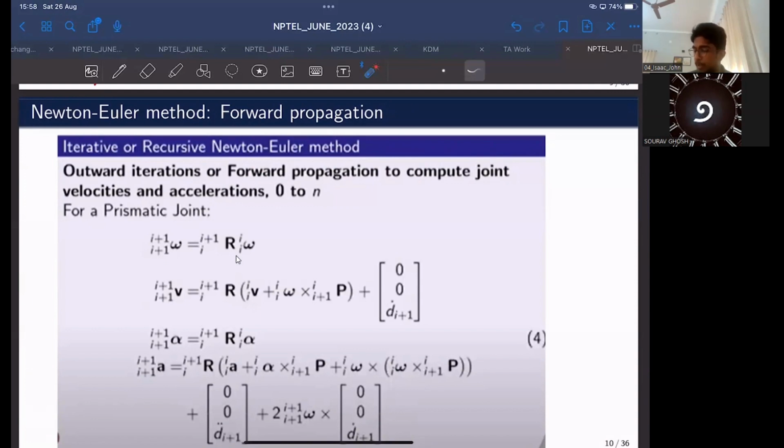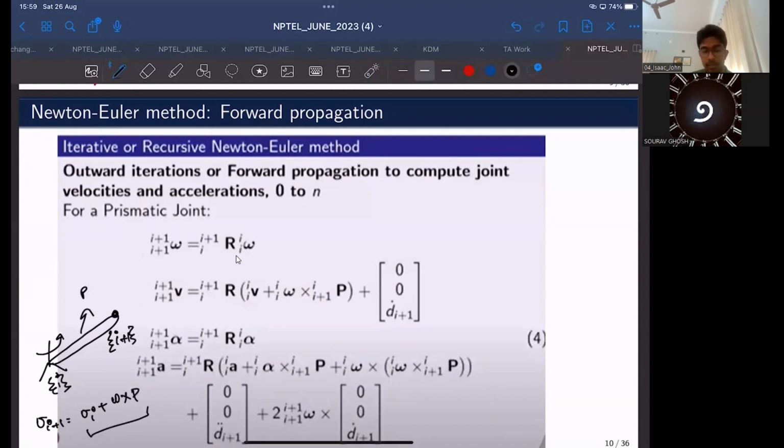It's simple math. If we have a rotating rigid body with respect to the z axis, and this is the ith tip and this is the i plus 1 tip, then V i plus 1 is nothing but V i plus omega cross this link length. Let this be P, omega cross P. That is exactly this term.